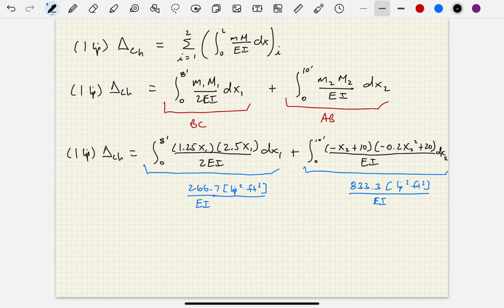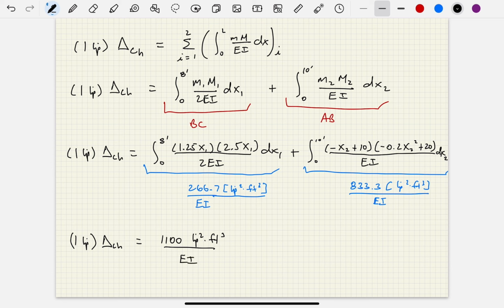So if I were to write this out, I have 1 kip times delta CH equals 1100 kip squared feet cubed over EI.